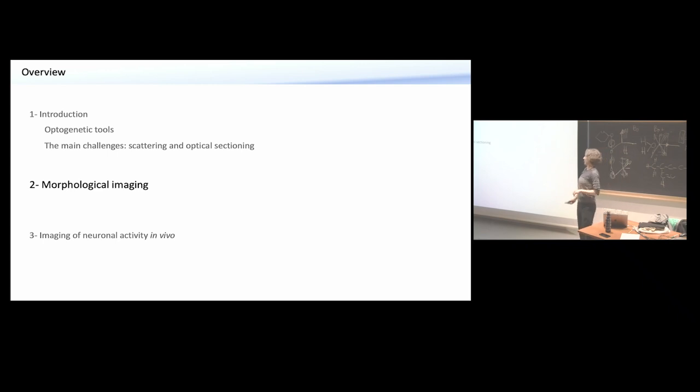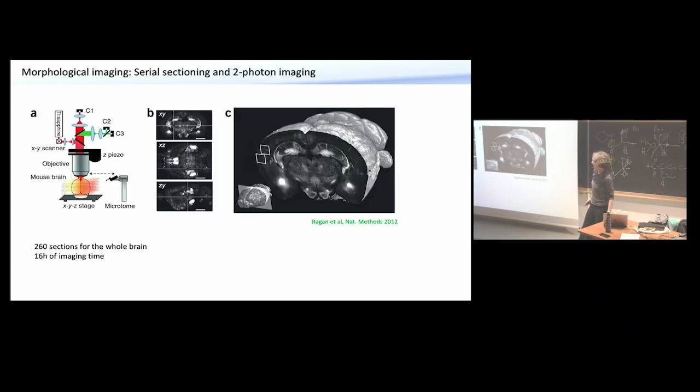Okay, time flies. I will be fast on morphological imaging to have time for the imaging of light activity. So for morphological imaging, the first techniques that people used are not very fancy. What they had is a two-photon microscope and a microtome, which is something to cut slices. The idea was that they imaged the top of the brain, then sliced the brain, then imaged what is underneath.